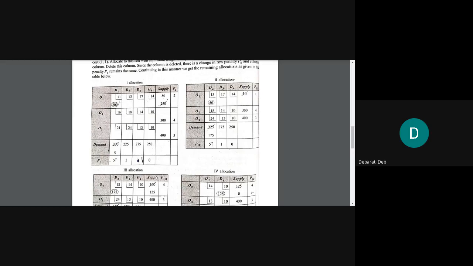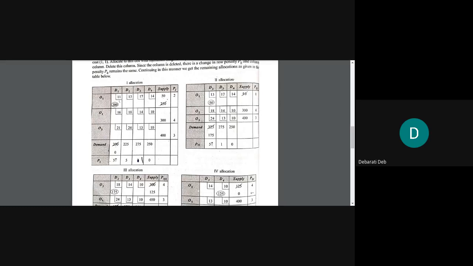Have you written the second allocation table? You will write D2, D3, D4, O1, O2, O3, and the costs will be the same: 13, 17, 14, 18, 14, 10, and 24, 13, and 10, row wise.